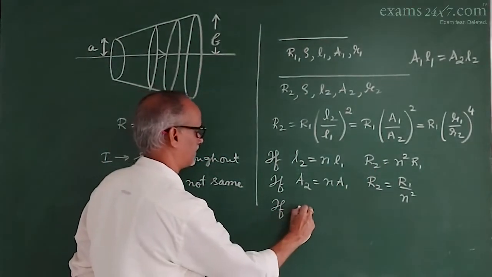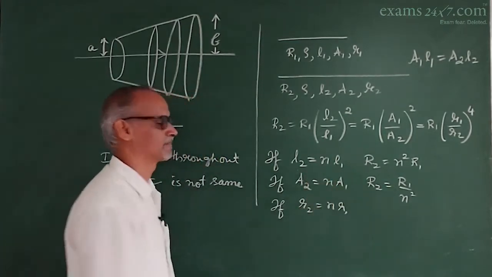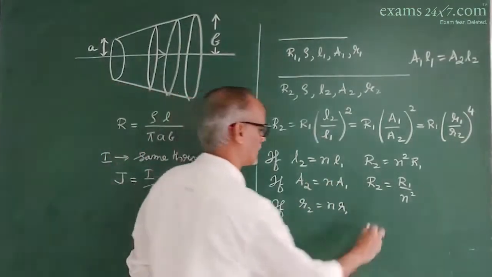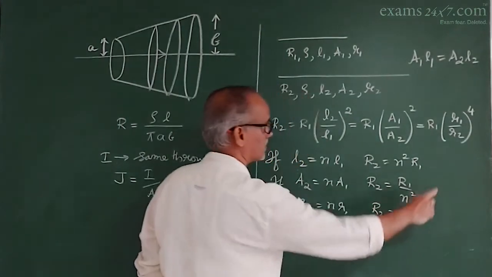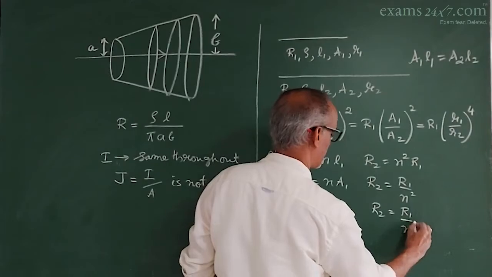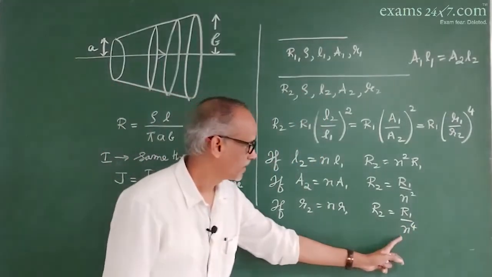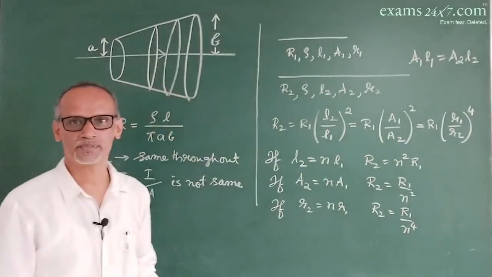And if R2 is n times R1, then since it's a fourth power there, the new resistance is R1 by n to the power 4, so the resistance decreases n to the power 4 times.